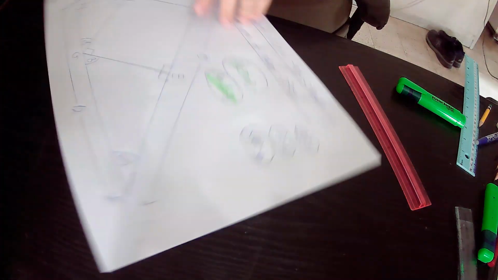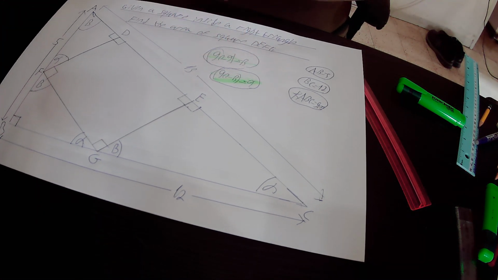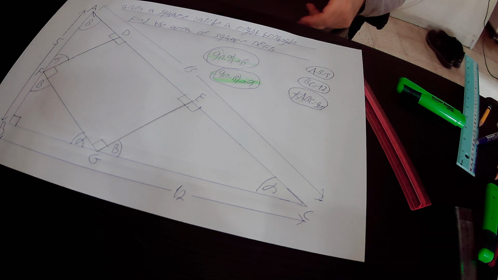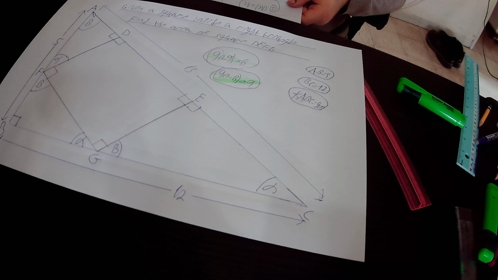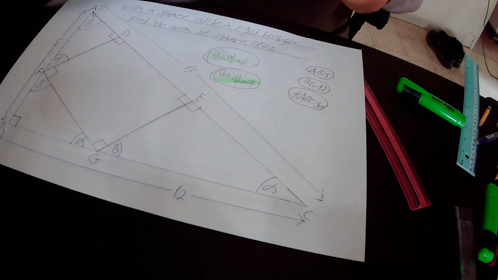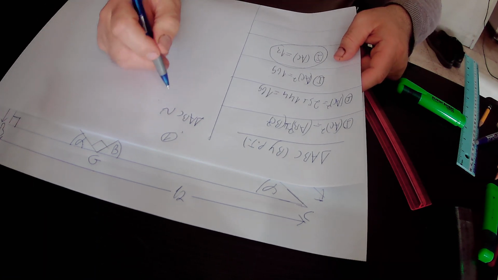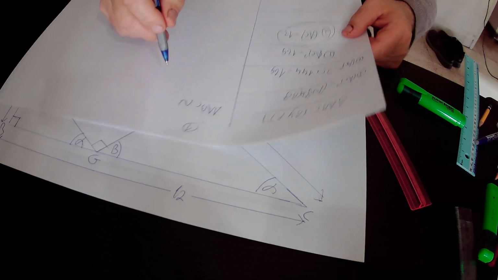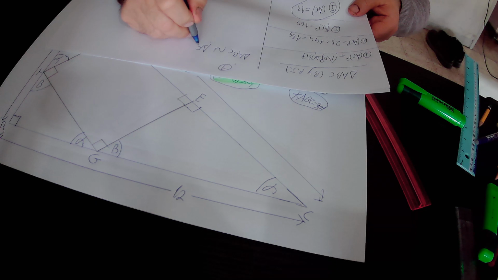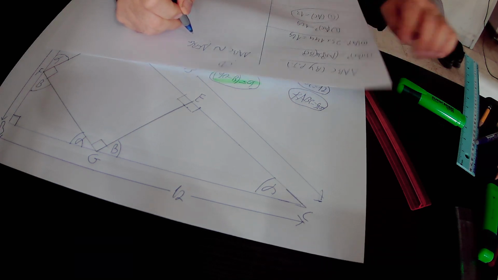So, for example, we have the big right triangle ABC that is similar to this small right triangle, triangle FBG. So I'll write it down. The big right triangle, triangle ABC, is similar, this is the sign of similar, to the small right triangle, triangle FBG, according to the angle similarity rule.